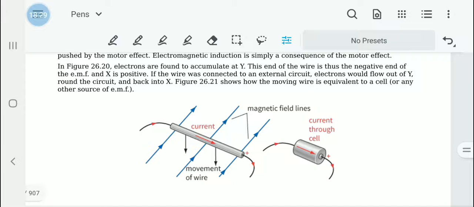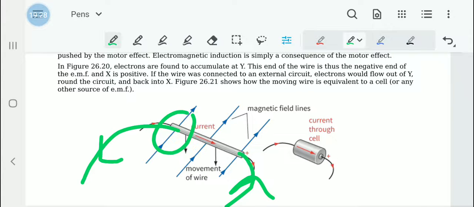Leave a line and write. When this system is connected to a conducting wire, just like any other source of EMF, electrons will start to move from the negatively charged point to the positively charged point.